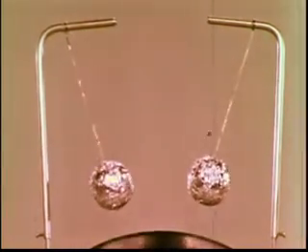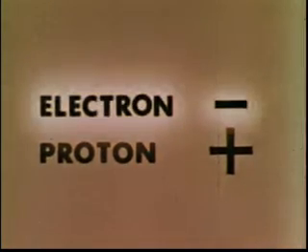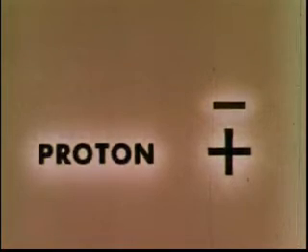Let's try to explain these attractions and repulsions using the electron and proton model of matter. Electrons, represented here by a minus sign, and protons, represented here by a plus sign, are present in all matter. We represent the many billions of electrons and protons contained in one of our spheres with these few symbols.